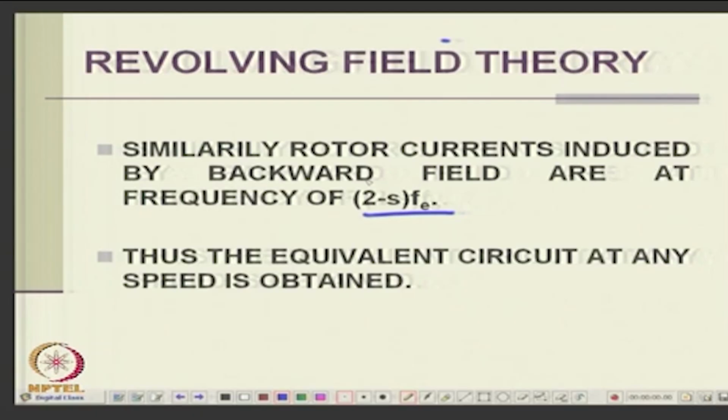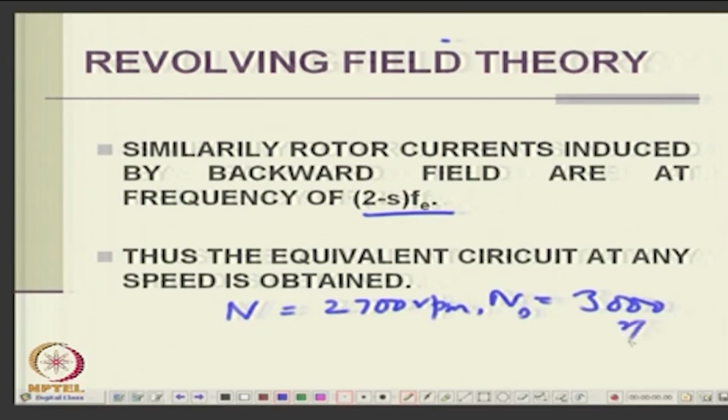The frequency of the rotor, supposing, let us say, n is 2700 rpm and ns is 3000 rpm, 2 pole, then S is 0.1. So, due to the forward field, let us say F1 will be how many hertz? 5 hertz.